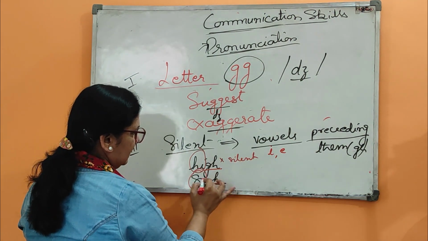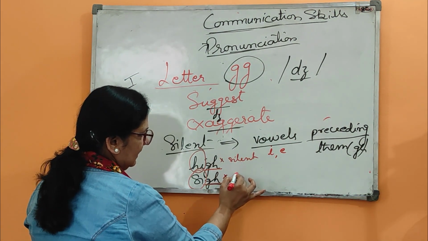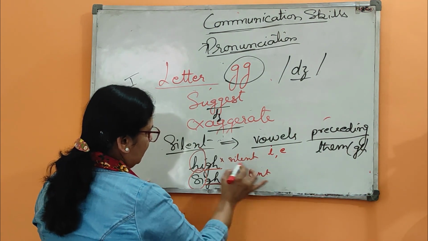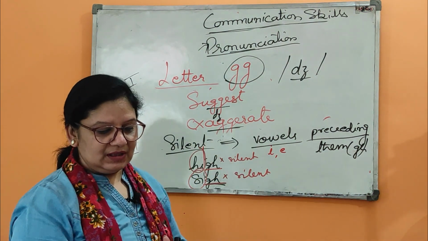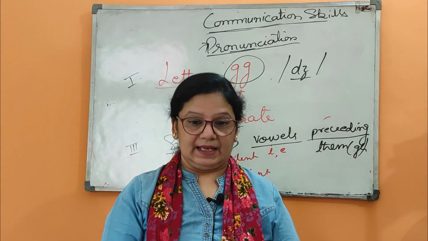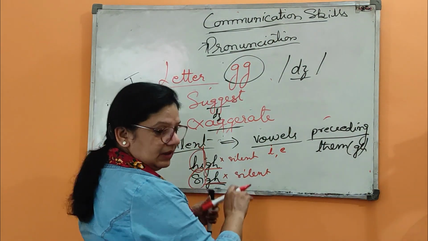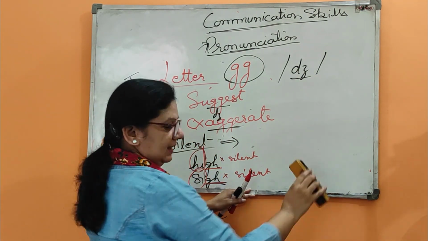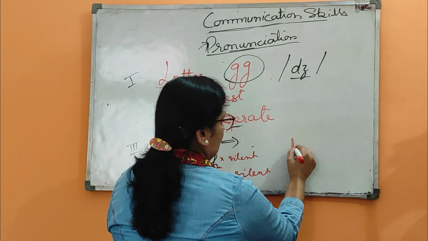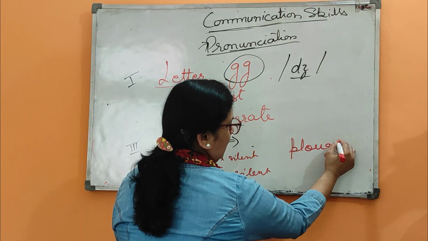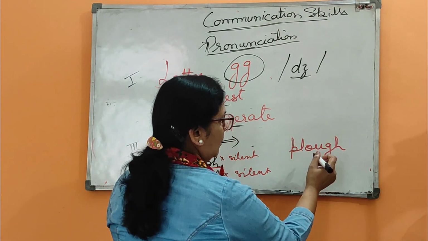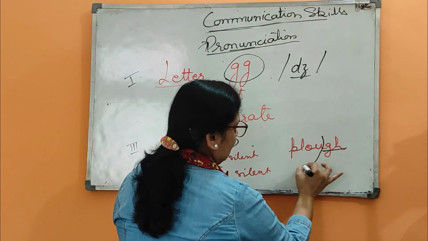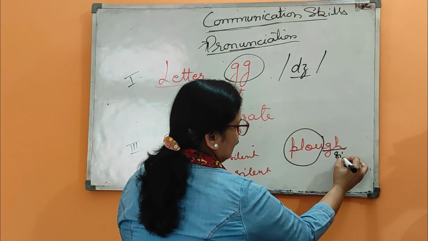Sigh is pronounced only this one. The GH remained silent. So we are pronouncing only half of the word, that is high and sigh. More examples where it remains silent: plough, P-L-O-U-G-H. Plough. We are pronouncing only this part. This remains silent.